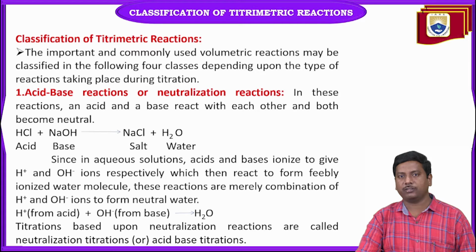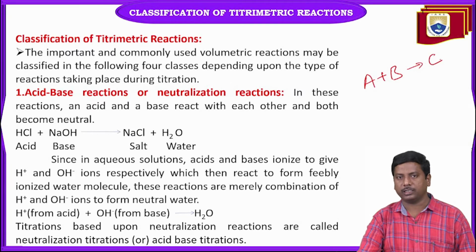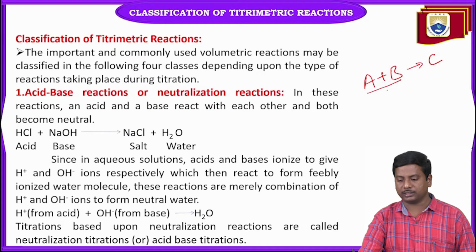From the title we understand that the reaction takes place between an acid and a base, and the resultant compound is a neutral medium. So the reactants A plus B give rise to C. One reactant is an acid, the other is a base, and the final product C is in the form of a neutral medium.